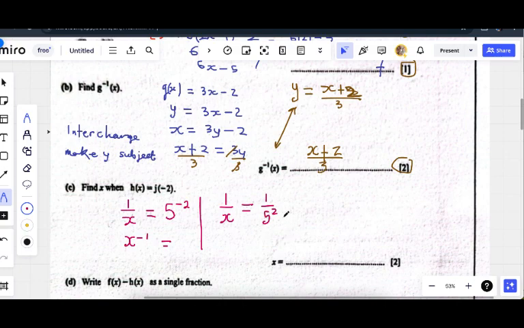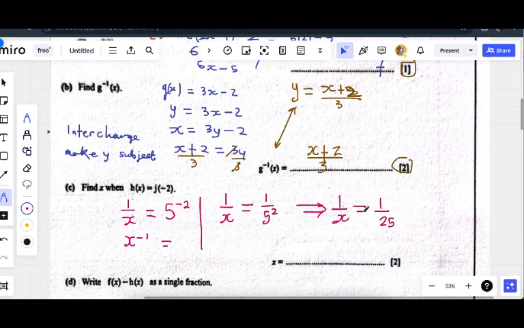So now the next stage is 1 all over x equals 1 all over 25.